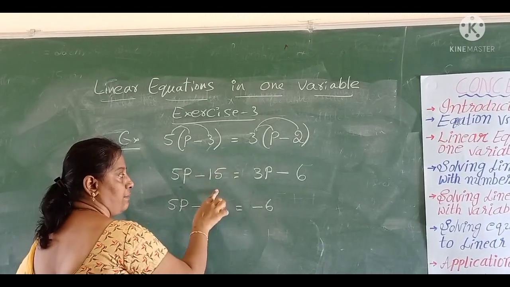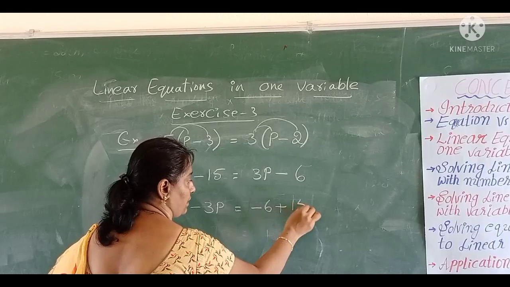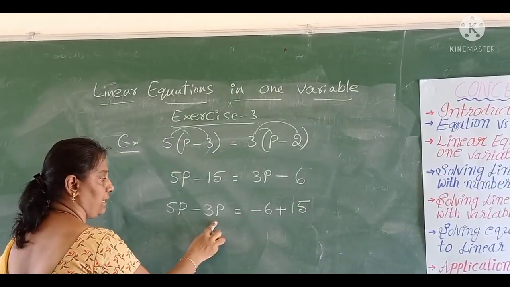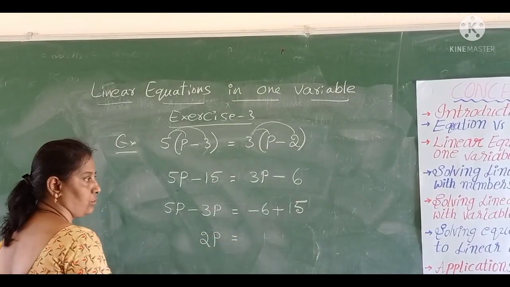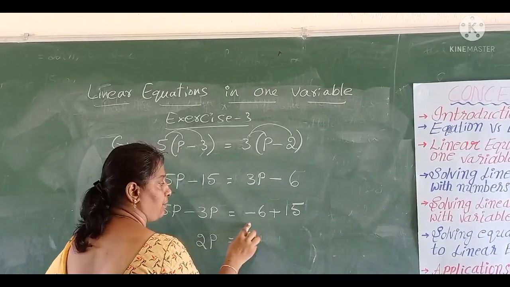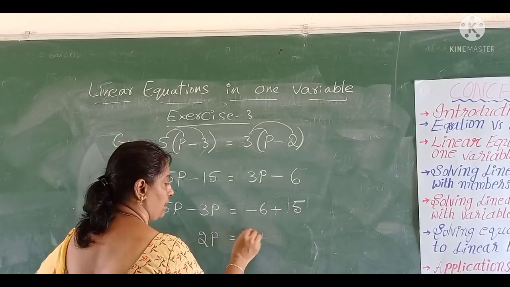So the constant number is negative 15. Moving it to the right side, it will become positive 15. So 5p minus 3p, how much now? That is 2p is equal to negative 6 and positive 15. We have to subtract. Which one is bigger? 15. 15 minus 6, that is 9.